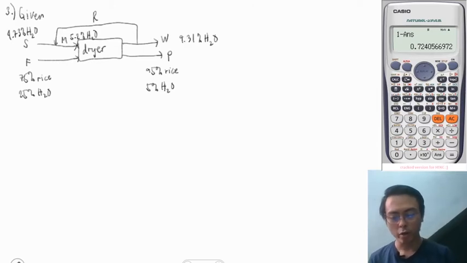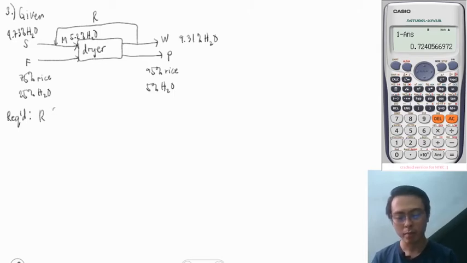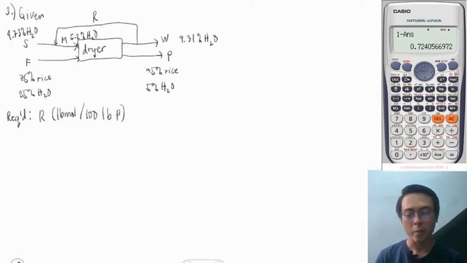We are required to determine the amount of the recycled gas in pound moles per 100 pounds of P. Based on this requirement, it's quite obvious what basis we would be using.